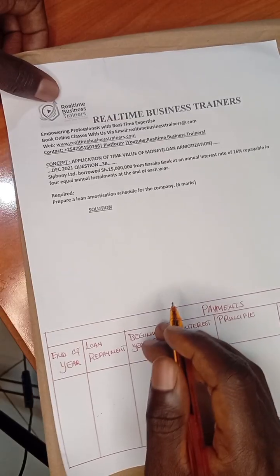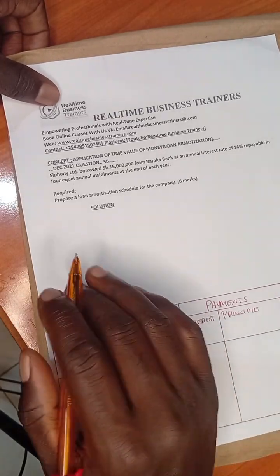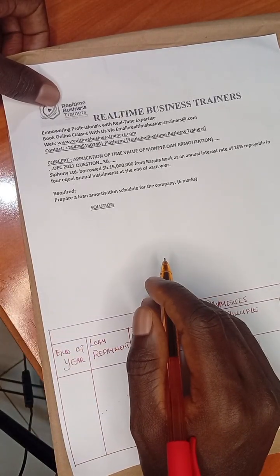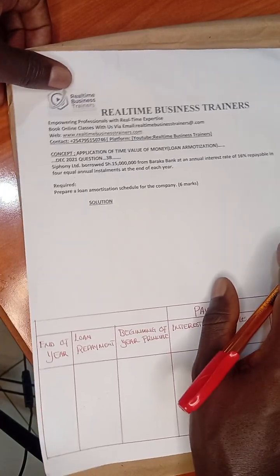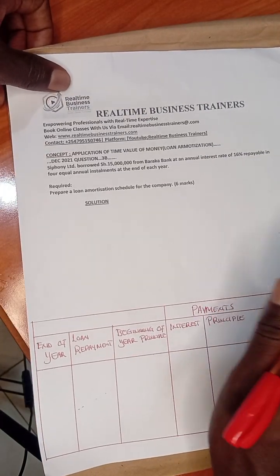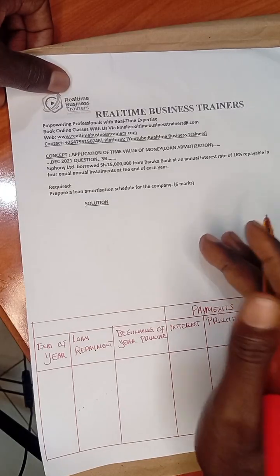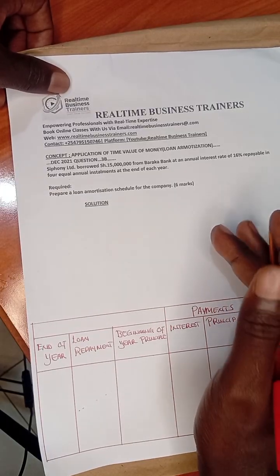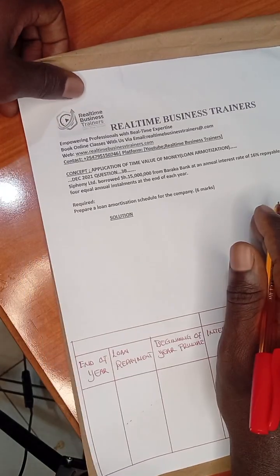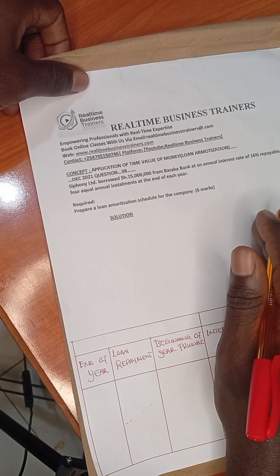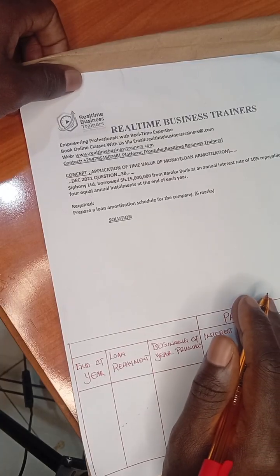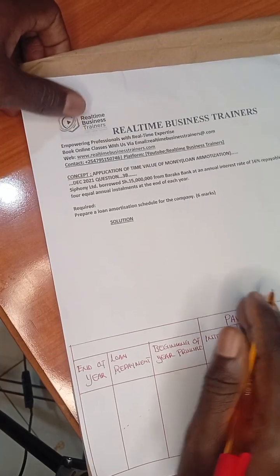So in this case, we first of all should work out the annual repayment, because we have to pay after 4 years. How much should we pay in the first year, second year, third year, and the fourth year? This is called the annual payment, or rather the periodic payment.